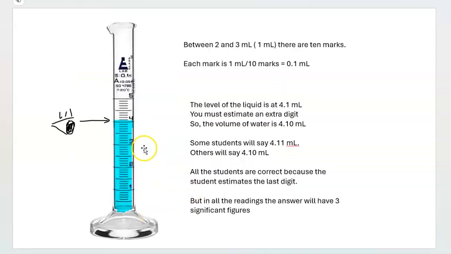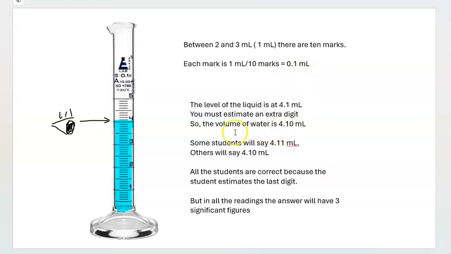But in this graduated cylinder, look at this. Stop the video and read all the information, and then you will see that in this case the volume will be 4.1 because every line here is 0.1 milliliter.